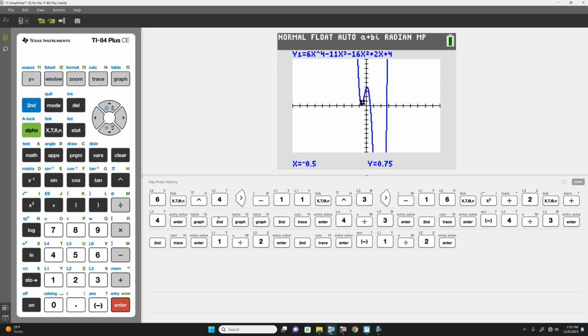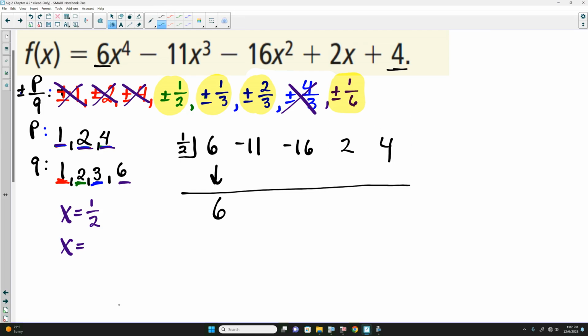The next one we could try is 1/3. 1/3 doesn't work. Wait a minute. The rest of the positive ones are between 0 and 1, yes? Did we find the solution of where it crossed the x-axis between 0 and 1? Well, it was 1/2, yes?